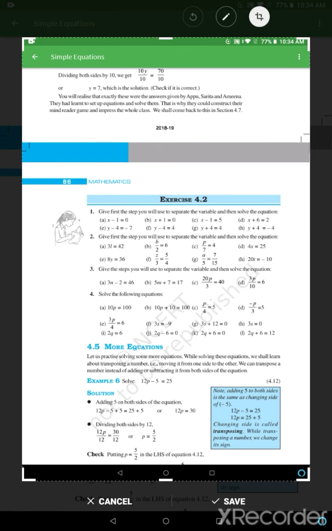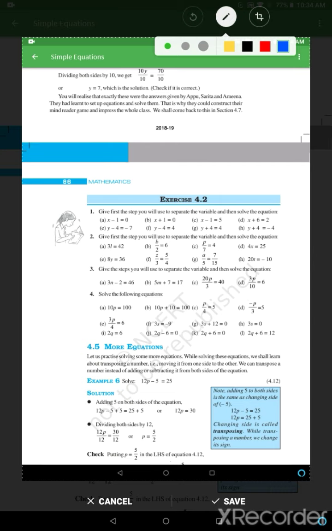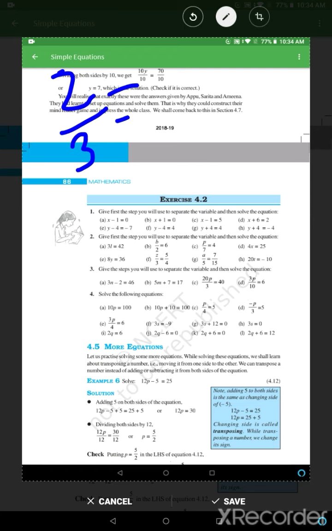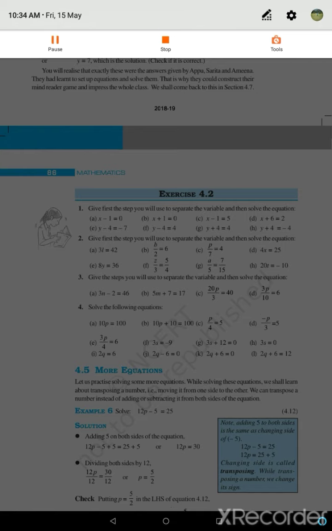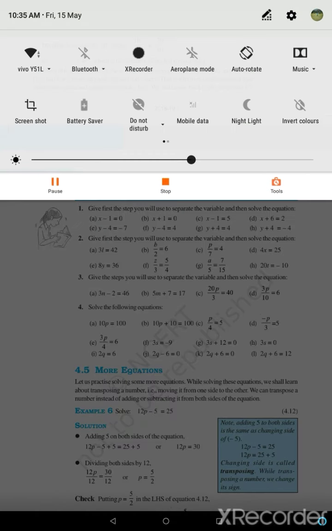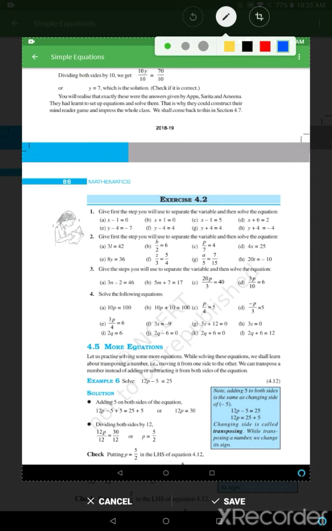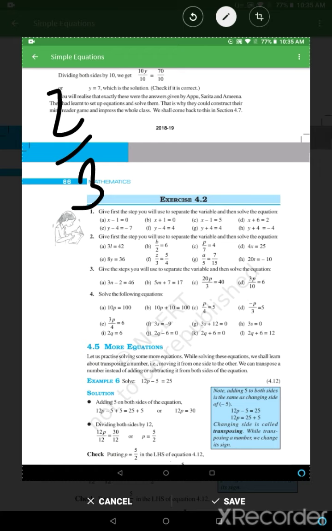Now f, which is z upon 3 is equal to 5 upon 4.